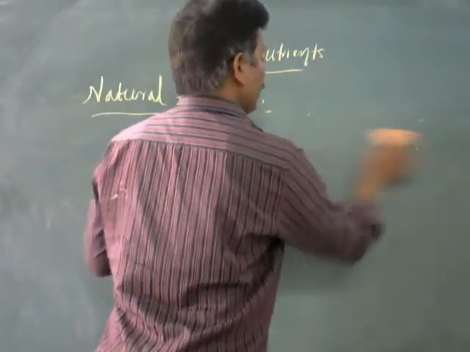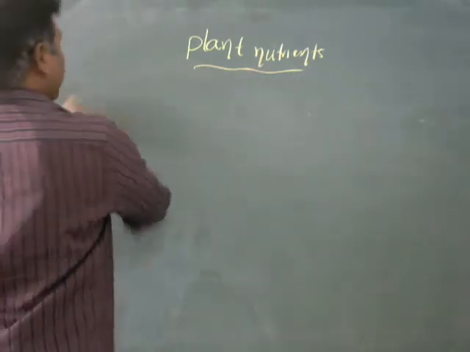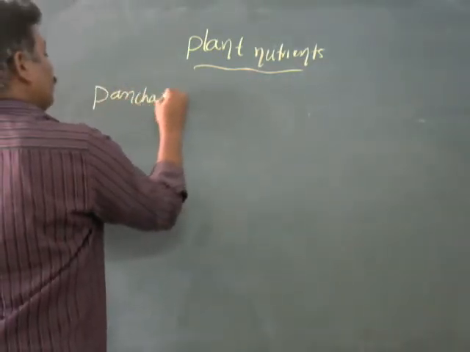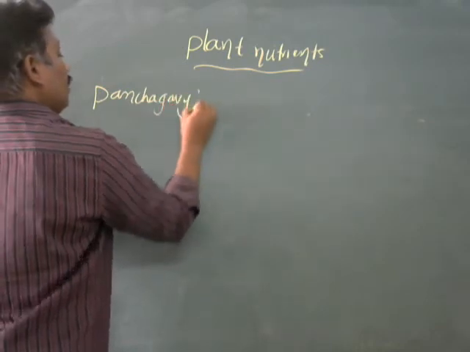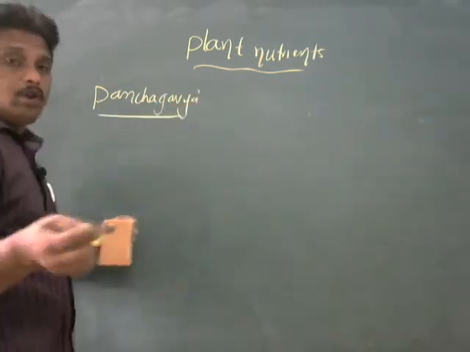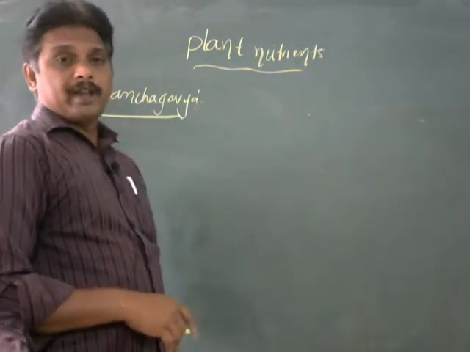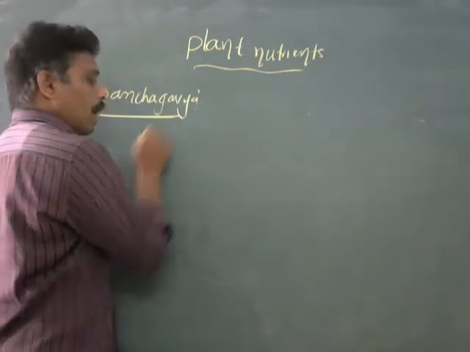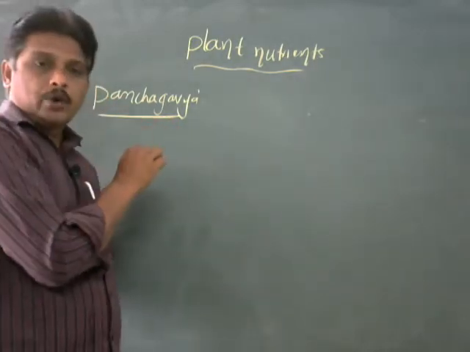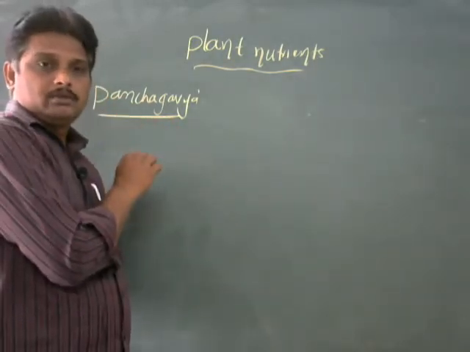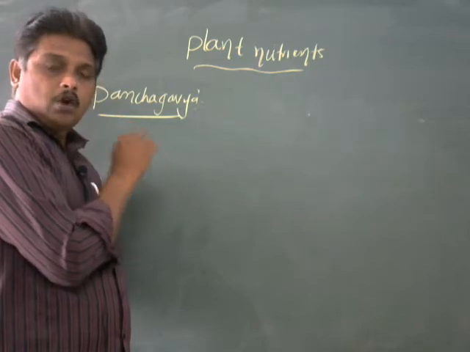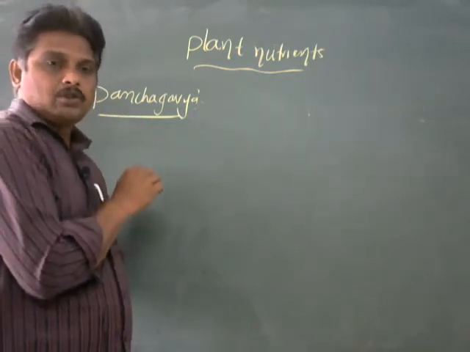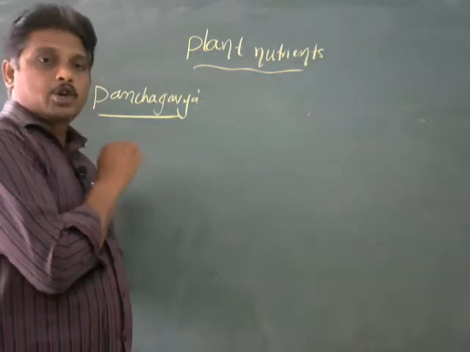By utilizing things like Panchagavya. You have the process of preparing Panchagavya in our textbook, please go through it. Panchagavya is made of cow dung, cow milk, cow ghee, cow urine, banana paste, and coconut water, sugarcane water or toddy.